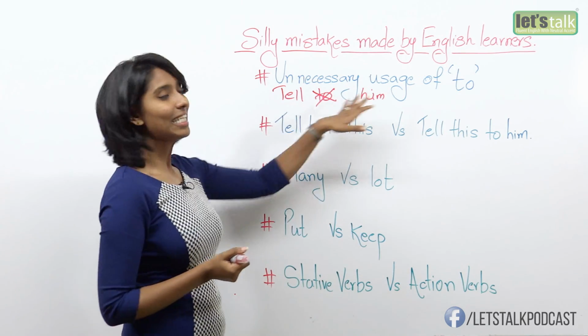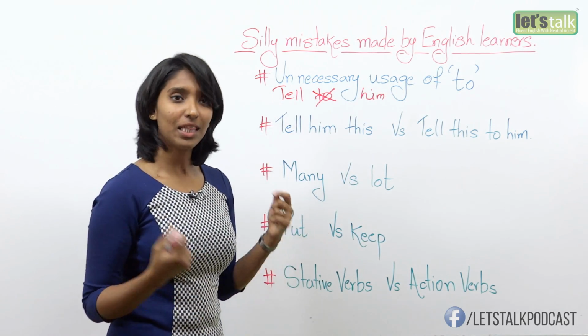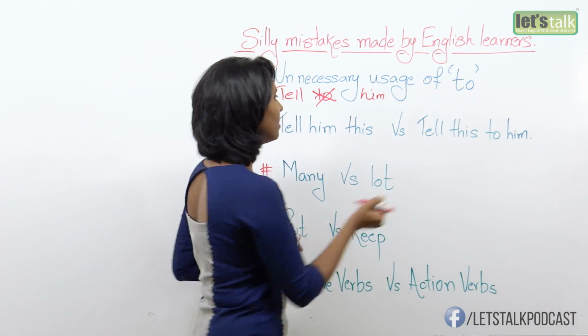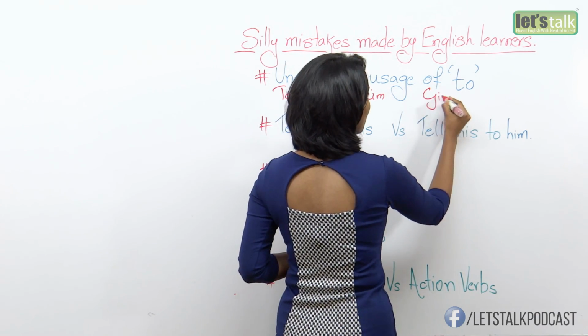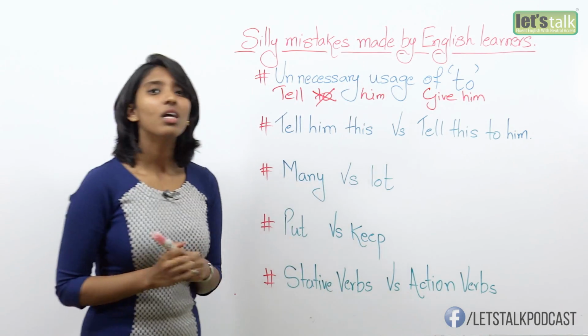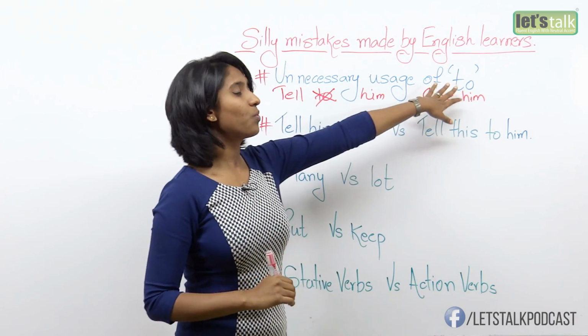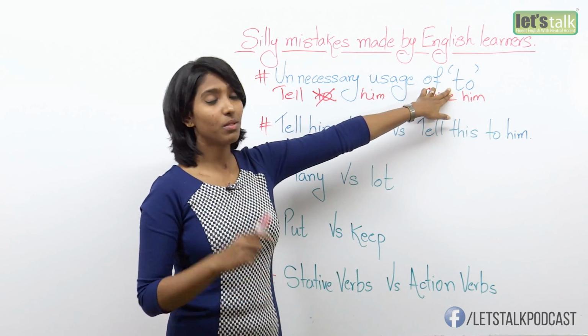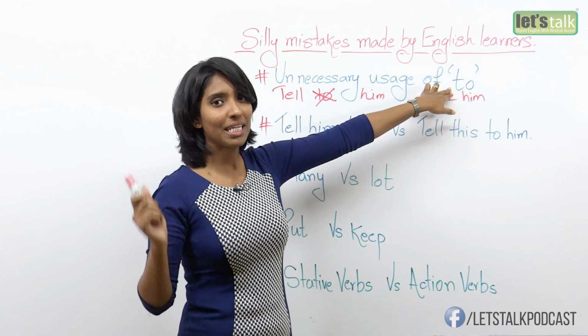You say "tell him". Similarly, they would say "give it to him." No, just say "give him". So avoid using the word "to" unnecessarily because this actually will lead to a lot of grammatical errors.